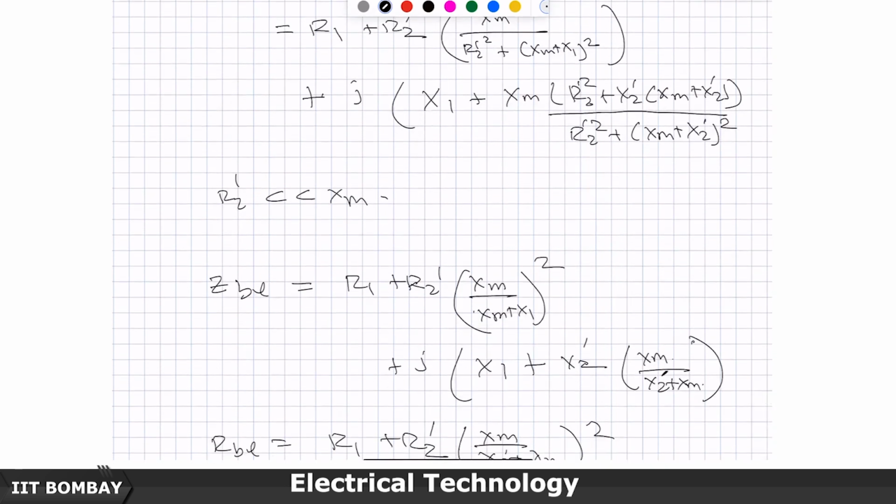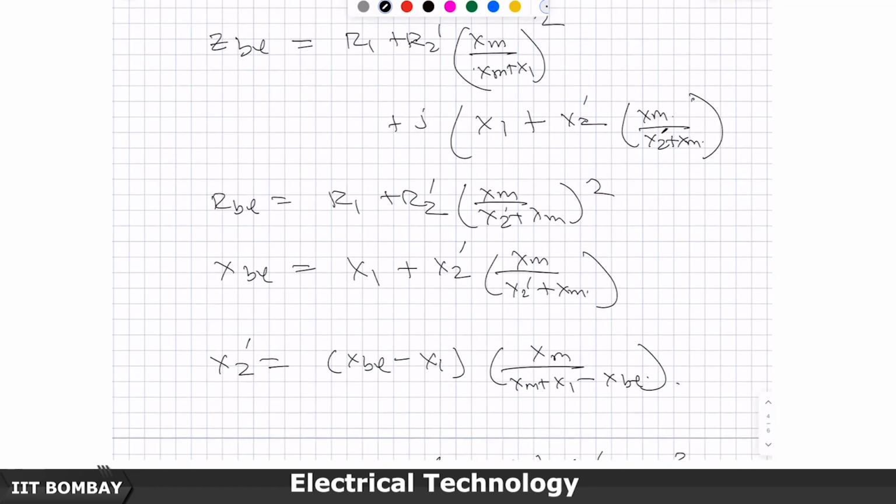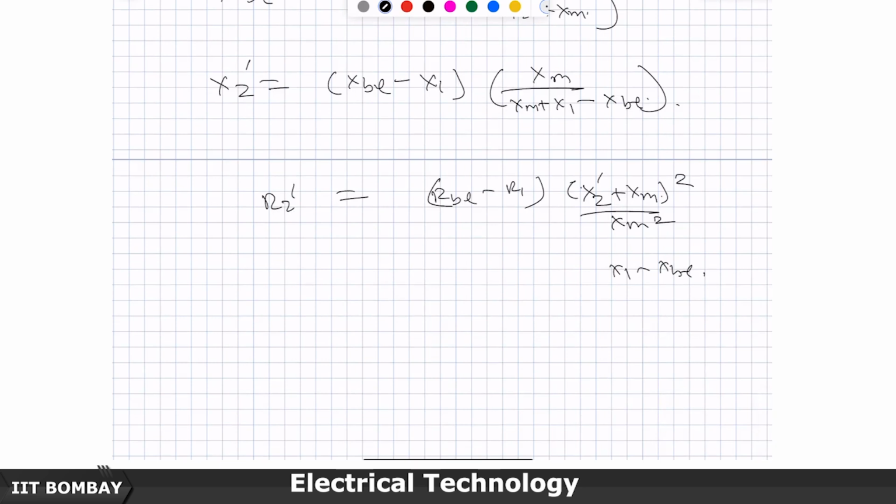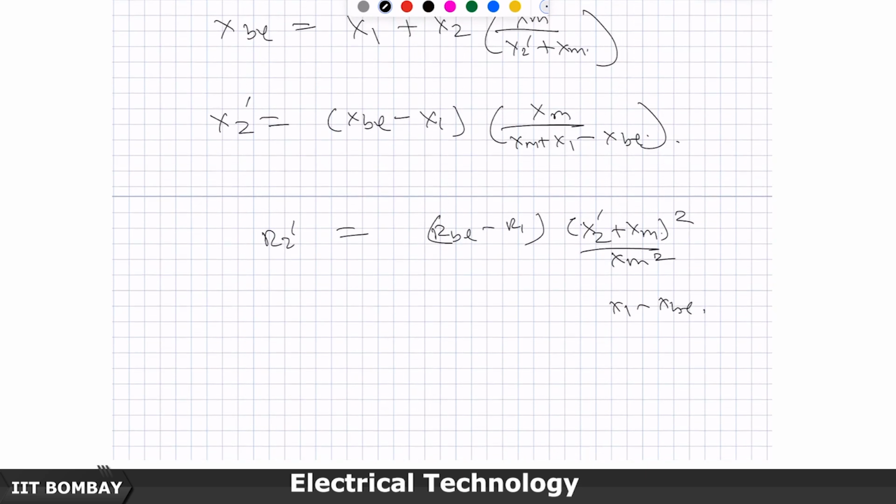Okay. So, now what we need to worry about is, we need to now get an expression for x_m.